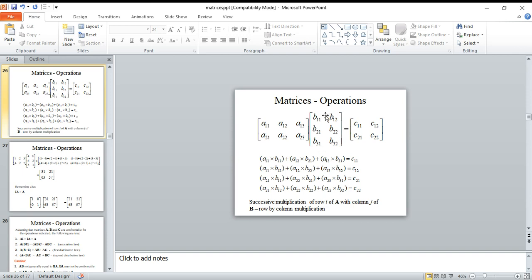So A11 into B11 plus A12 into B21 plus A13 into B31. This is the first element of the product matrix.